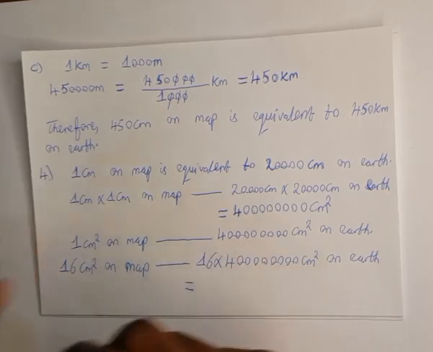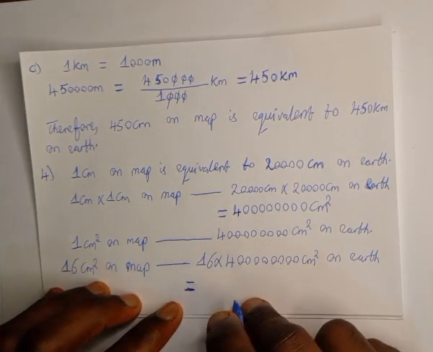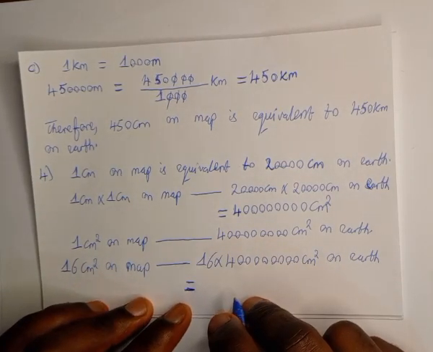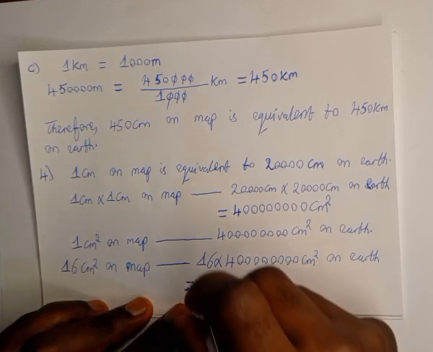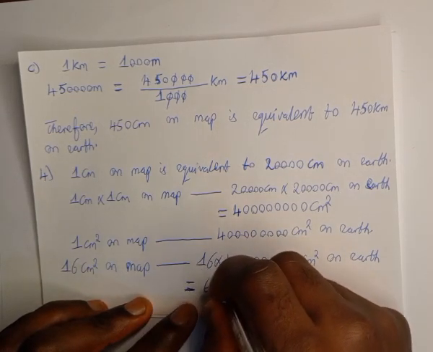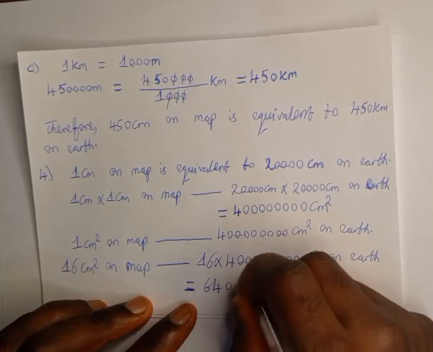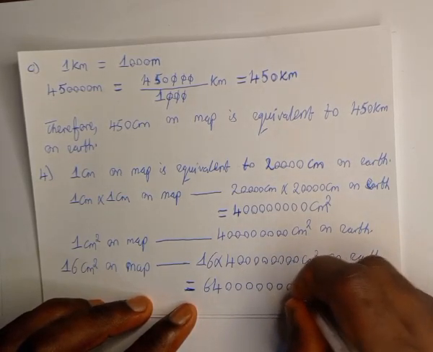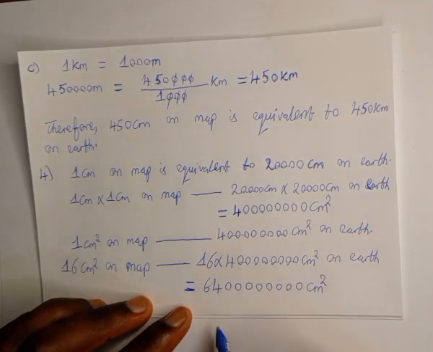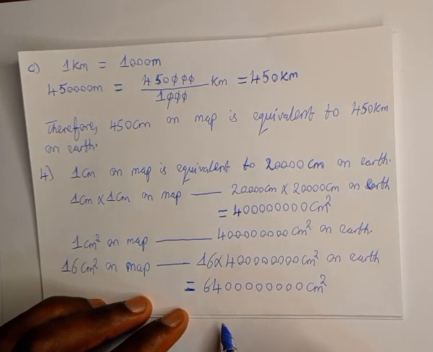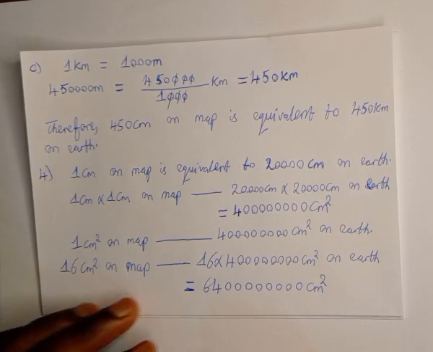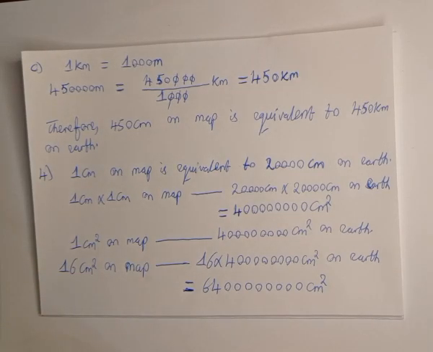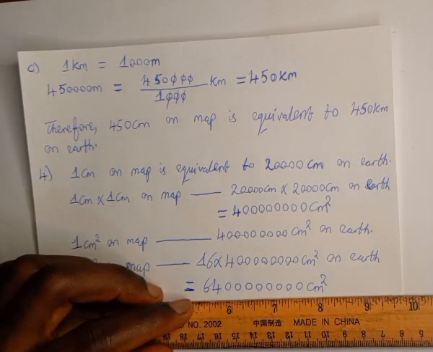And this will be equal to 6,400,000,000 centimeters squared. So this will be the area represented by 16 centimeters squared on map. Underline the answer.